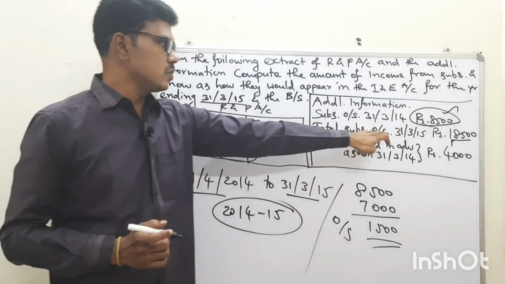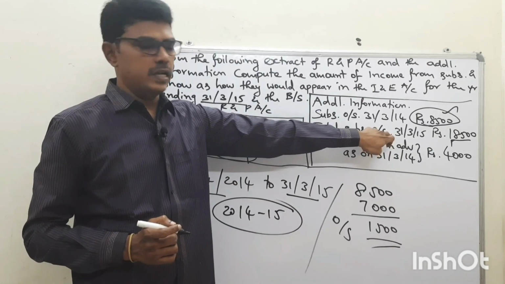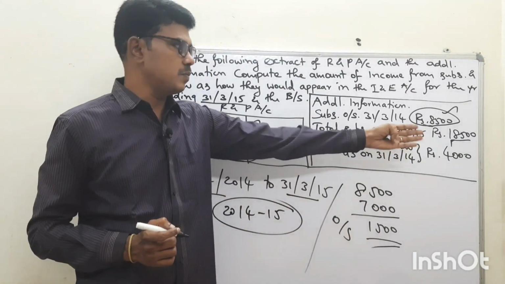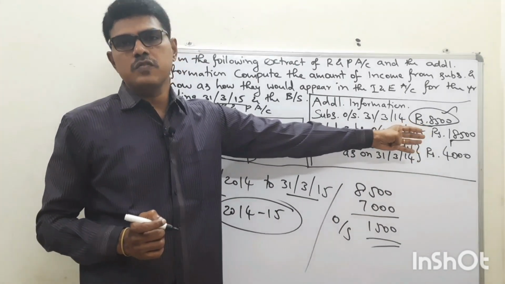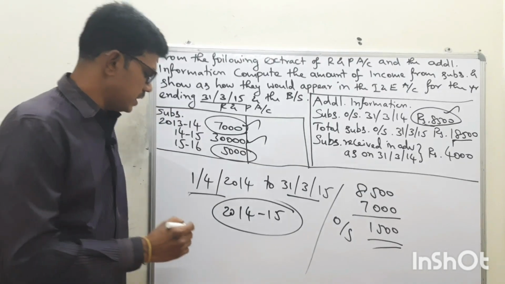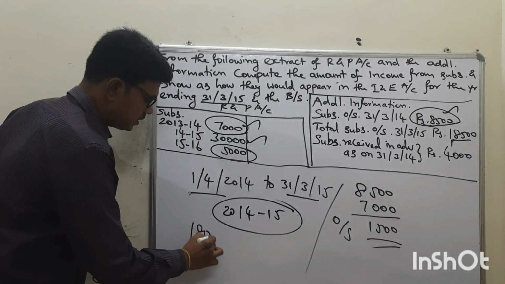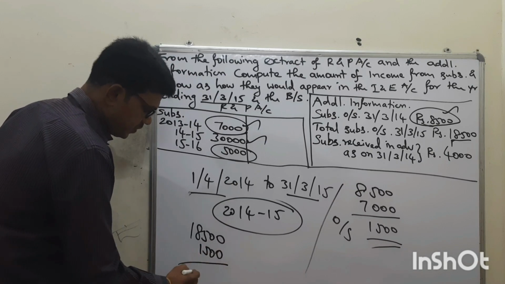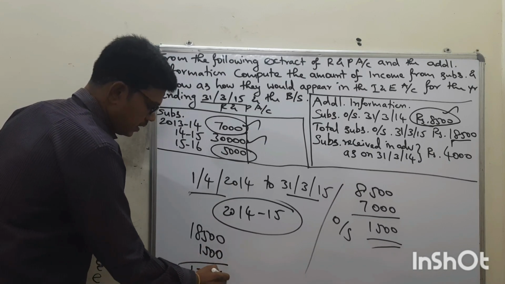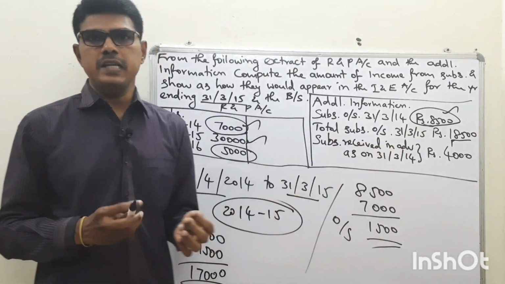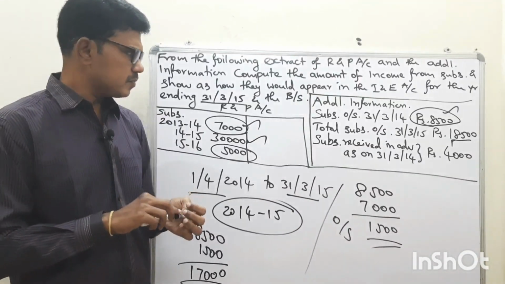So this 1,500, which is of the previous year, should be subtracted from 18,500 in order to arrive at the current year subscription outstanding. So we can calculate the amount of subscription outstanding at the end of the current year, which is for the current year.